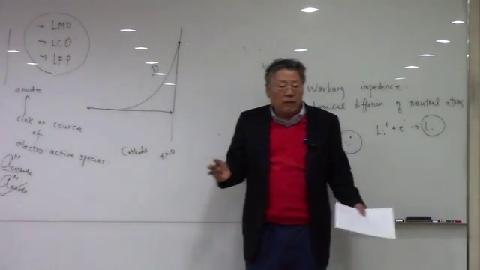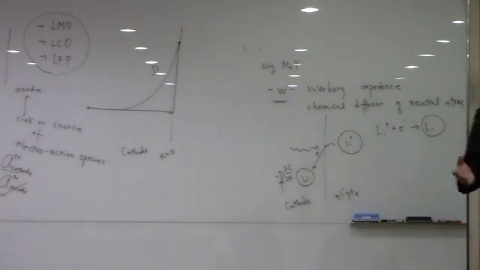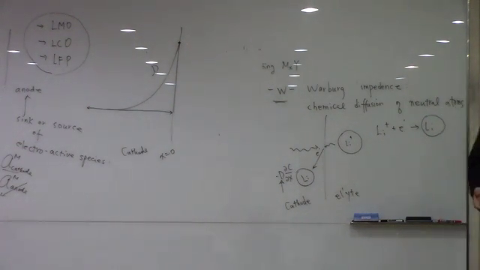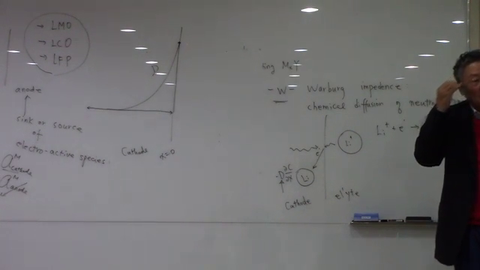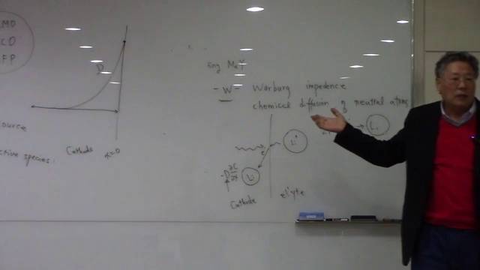So what is the difference if you have a high diffusion coefficient of electroactive species in a cathode, or a low chemical diffusion coefficient? What is the difference? Who can say this? Can anybody answer this question?